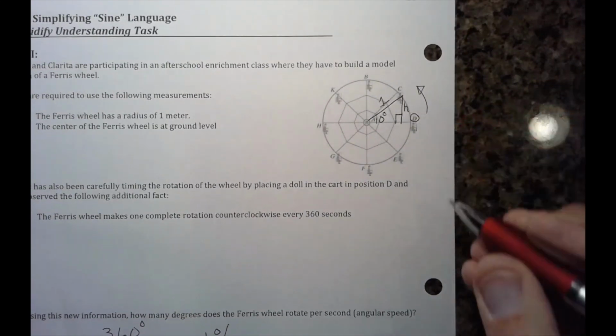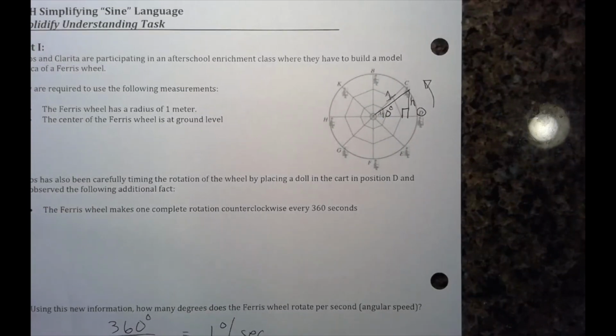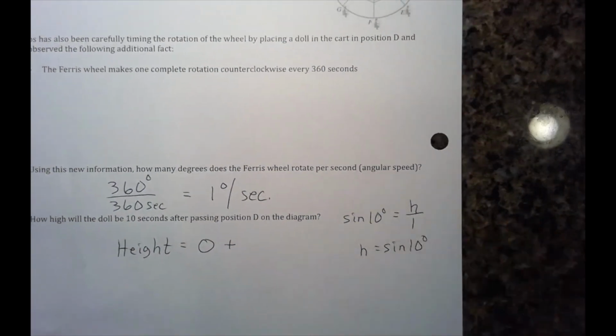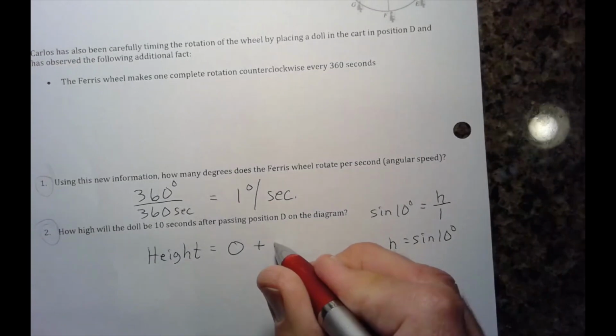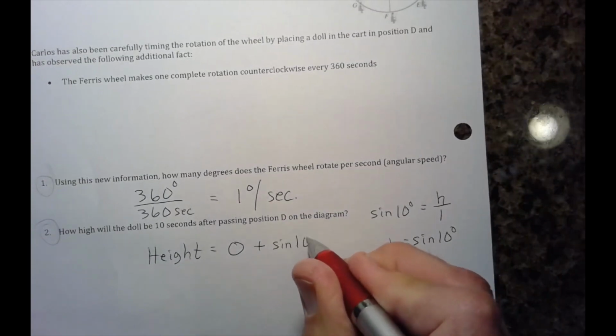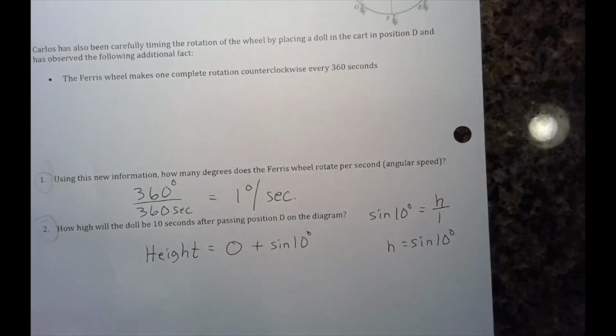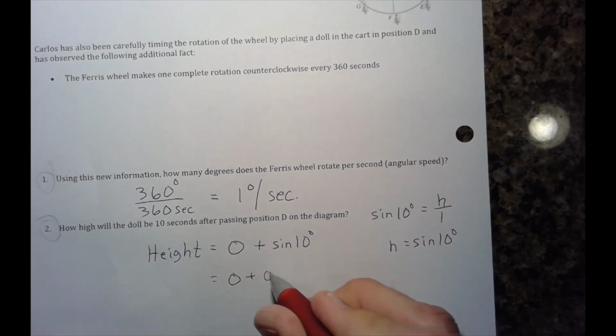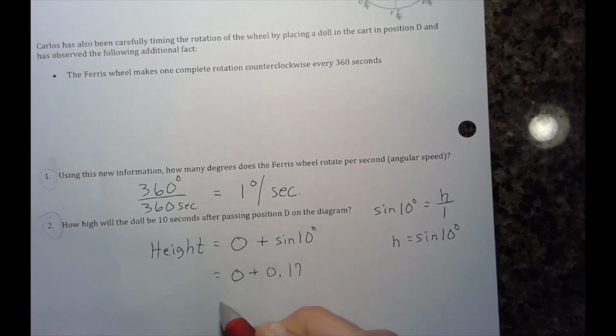That little additional height piece you could calculate by saying the sine of 10 degrees equals h over 1, or that additional height piece is the sine of 10 degrees. So that's all we're really adding, is the sine of 10 degrees, because that's how high that value would be. And the sine of 10 degrees is around 0.17, so it's going to be 0 plus 0.17.